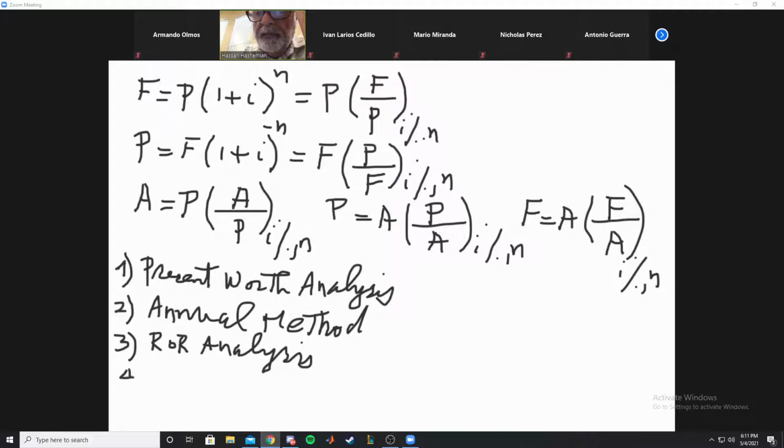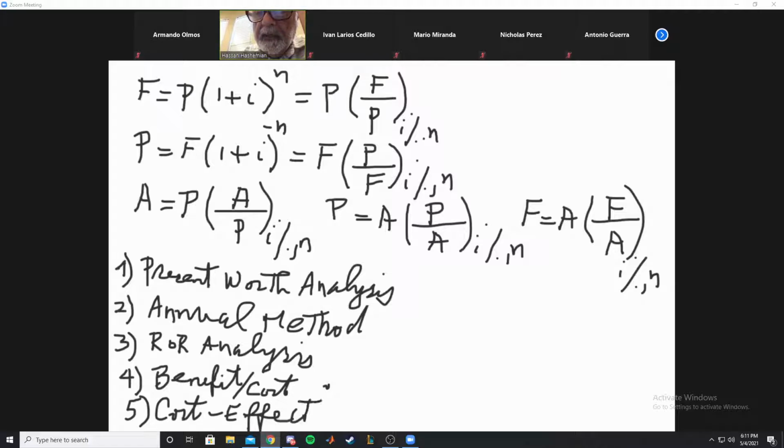And we do benefit cost ratio. And we do cost effectiveness. So these are the 5 methods that we're going to learn how to evaluate alternatives. So let's start with the first one.